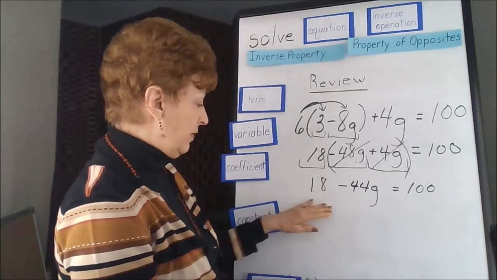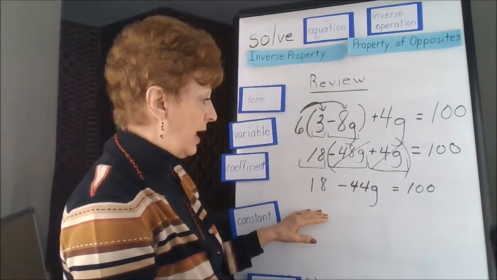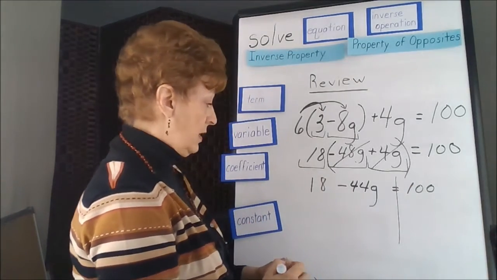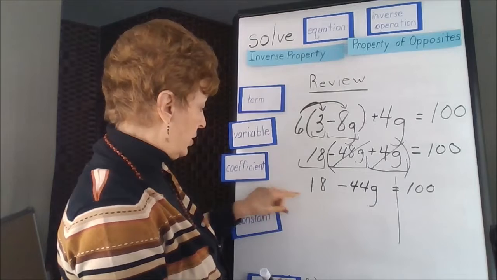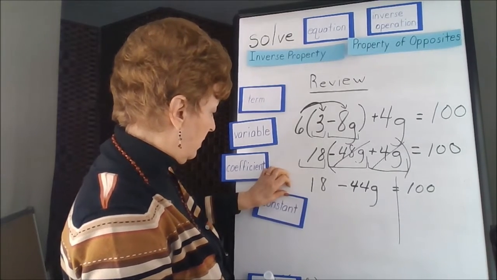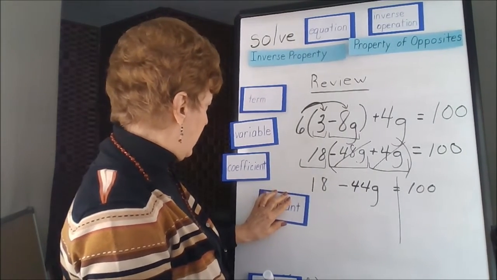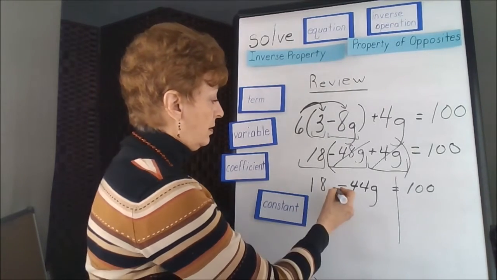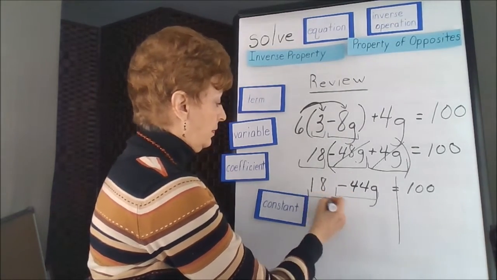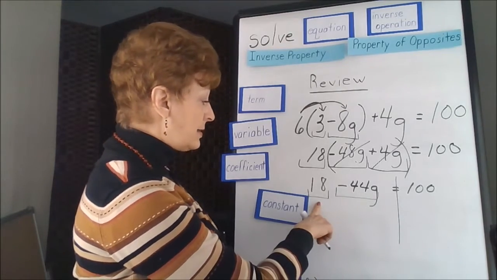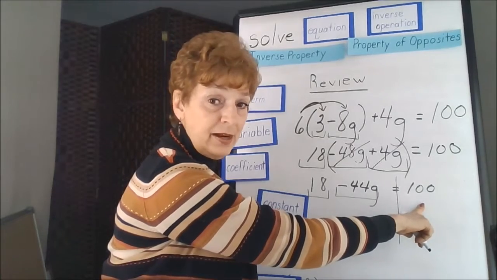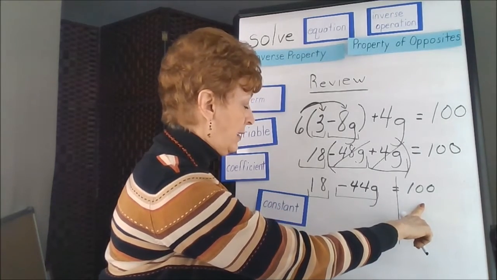Now I'm looking to see if there's anything here I can join together. I notice that my wall is here. I have a constant term with the 18, and I have a term with a coefficient here. My constant 18 is a plain number, and that will go nicely over here because 100 is also a plain number.